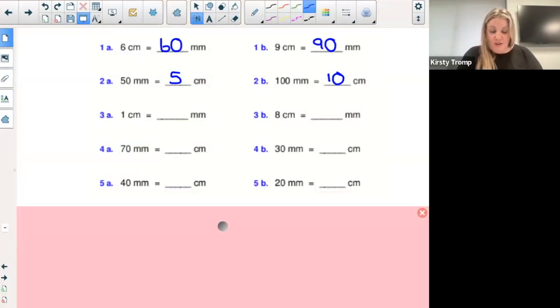Okay, next 6. So again, we're converting centimeters to millimeters. Go and have a look at those ones for me. Go try them out first. Write them down on your page. Go give them a try.